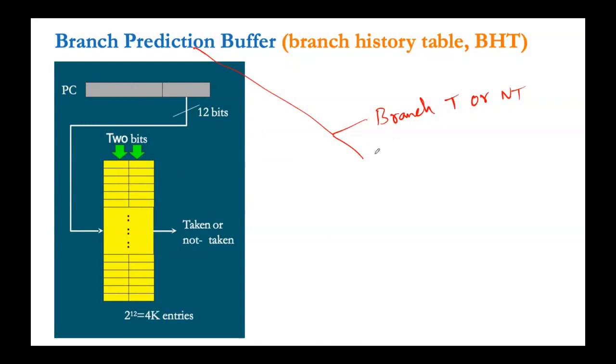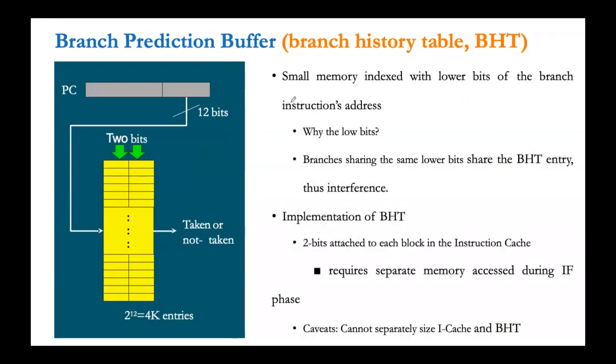Second, in the control hazard, we are going to calculate the branch target address, whether the branch is taken or not. Before talking about the branch target address, this is the general representation of your branch history table.